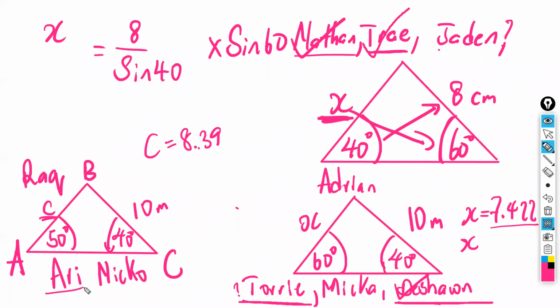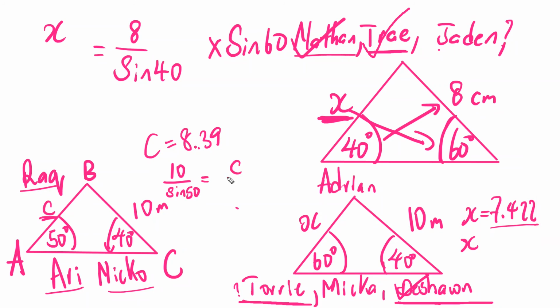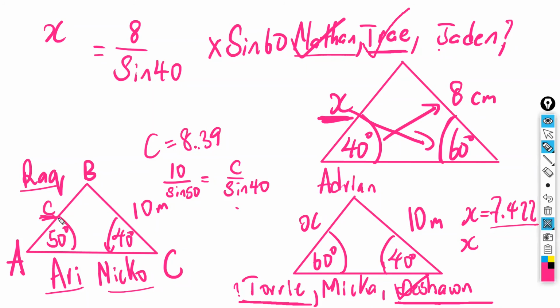So Nikolai, Ariana, Raquan, the first thing you're supposed to do is say 10 over sine 50 is equal to c over sine 40, right? The c matches the 40, the 10 matches the 50.